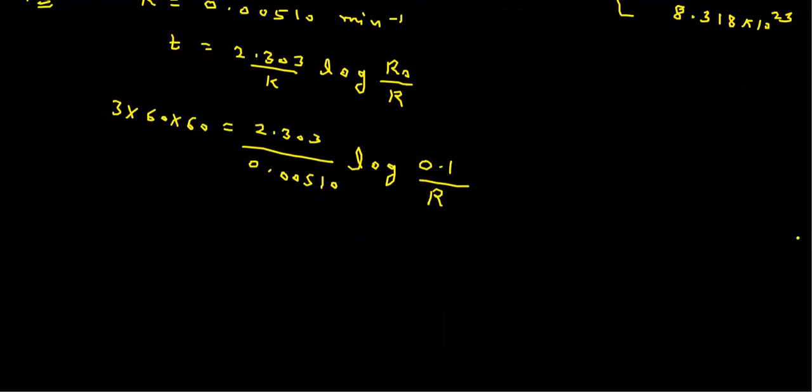Okay. So guys, here please take every constant to the left side. Then what will you get? This becomes 10800 into 0.0050 divided by 2.303, right?